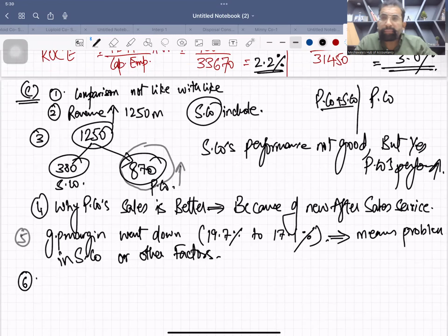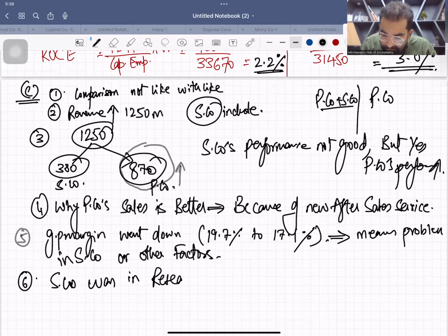Then number 6 point. It is written clearly that in the whole 2003, S company was in research phase for both battery life and self-driving car technology, right? In 2003, S company was in research phase, and research is an expense.